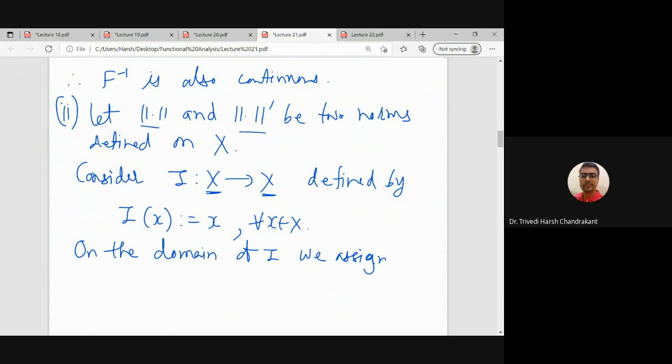On the domain we are assigning the first norm, and on the codomain of I, which is X, we assign the second norm.